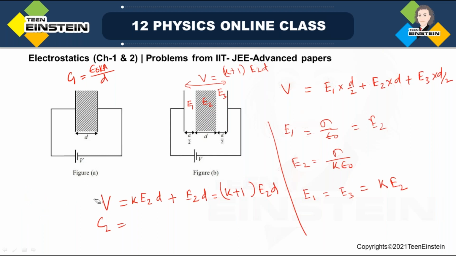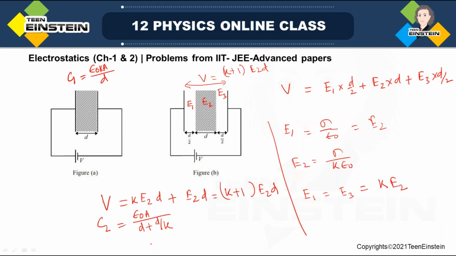C2 will be written as epsilon 0 A by d plus d by k.